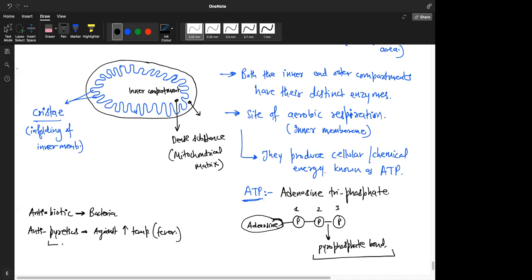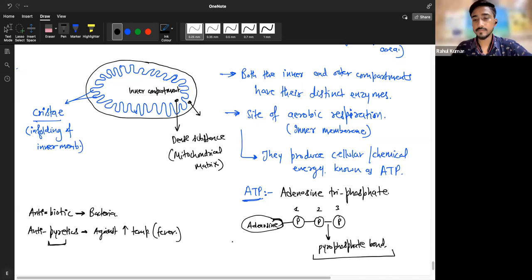Yes. Can you see the word pyro or pyre here? The same word is here. Pyrophosphate bond. Now, what can you understand from this bond? This is the bond which contains the energy. So if you have ATP in the cell, you have energy stored in the pyrophosphate bond.